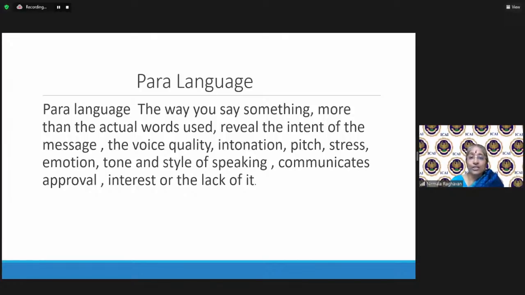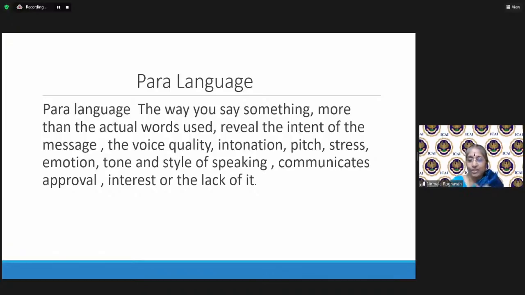Style of speaking: you say "oh," which means something has happened, something that's not good. Something fell down, you tripped and fell, whatever. It communicates approval, interest, or the lack of it.